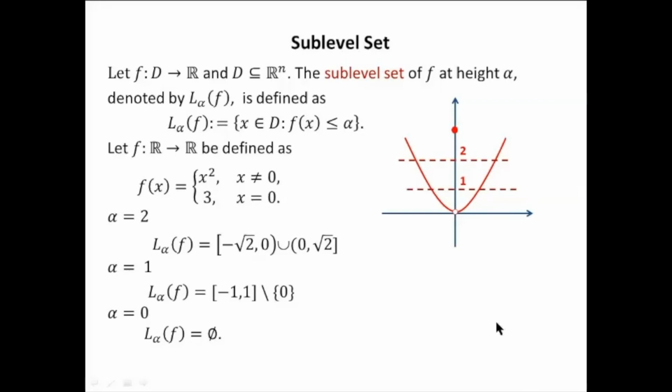And for every alpha greater than or equal to 3, the sublevel set is the closed interval minus root alpha to root alpha. Now, with this understanding, we go and prove the next existence theorem.